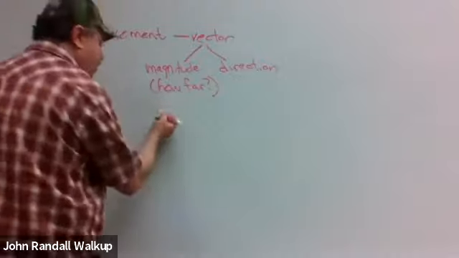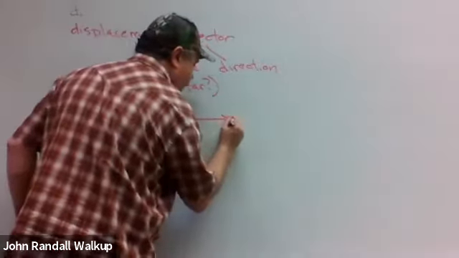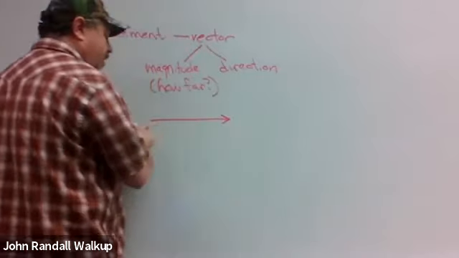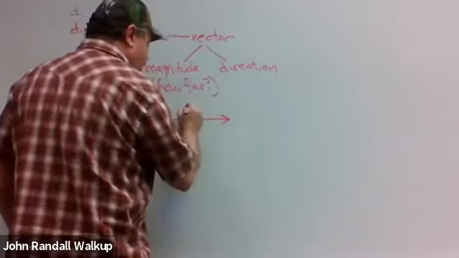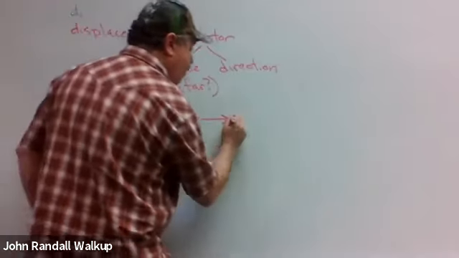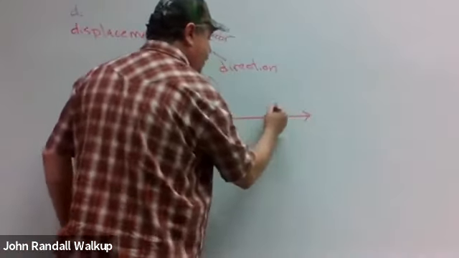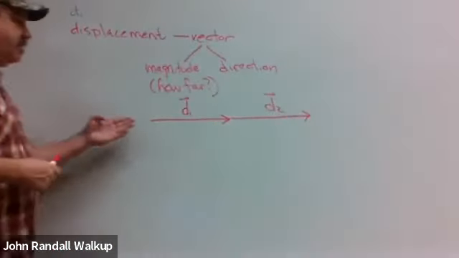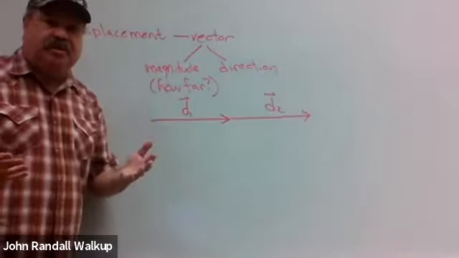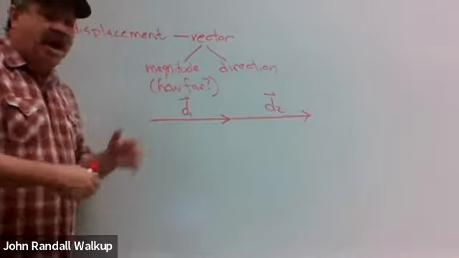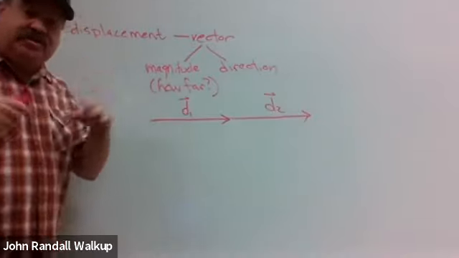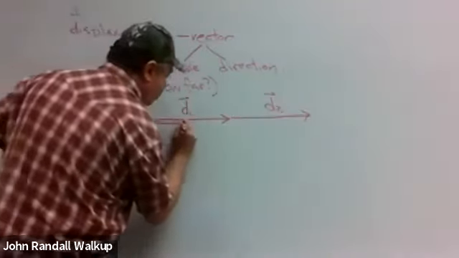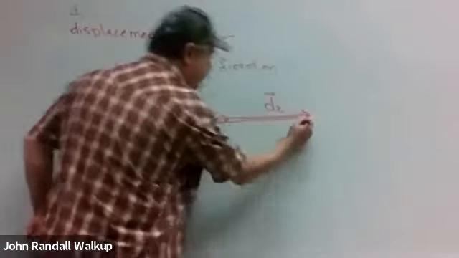Primarily, we took one displacement, where a person would say walks from here to here. And then we call this D1. And then we went a little further, D2, and we said that the net displacement, that is the total displacement for the entire path, was a vector that pointed from the start to the finish.